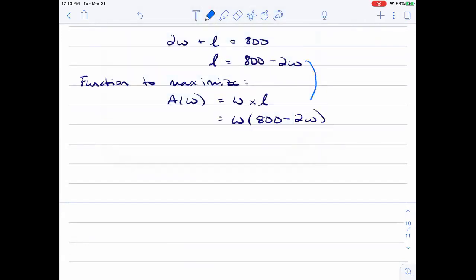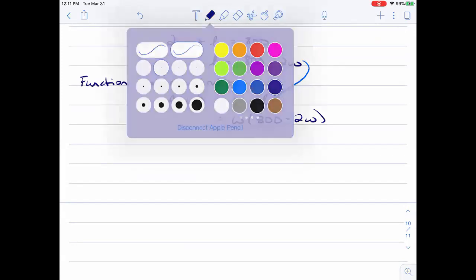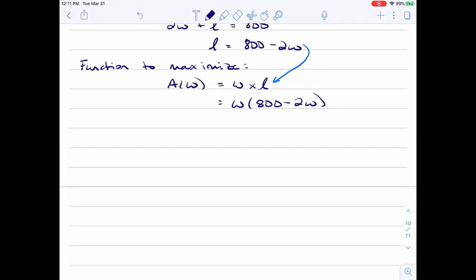Just showing that this one in here, I can expand this out. So I have A of W, A is a function of W now, so I get 800W minus 2W squared.